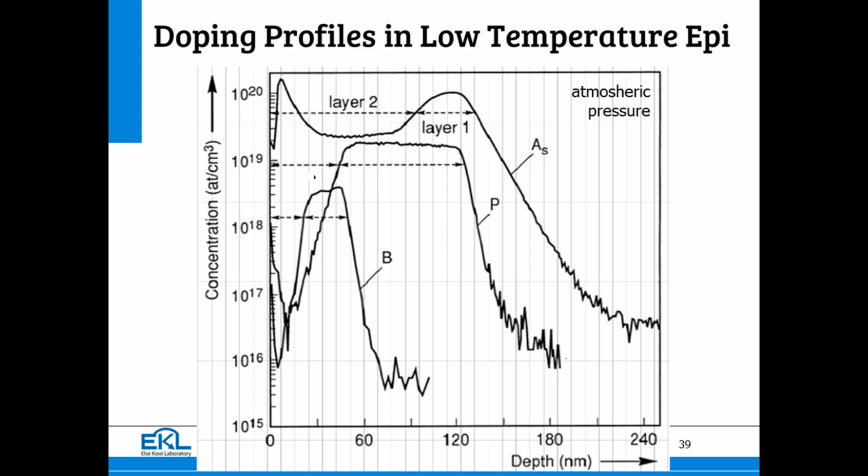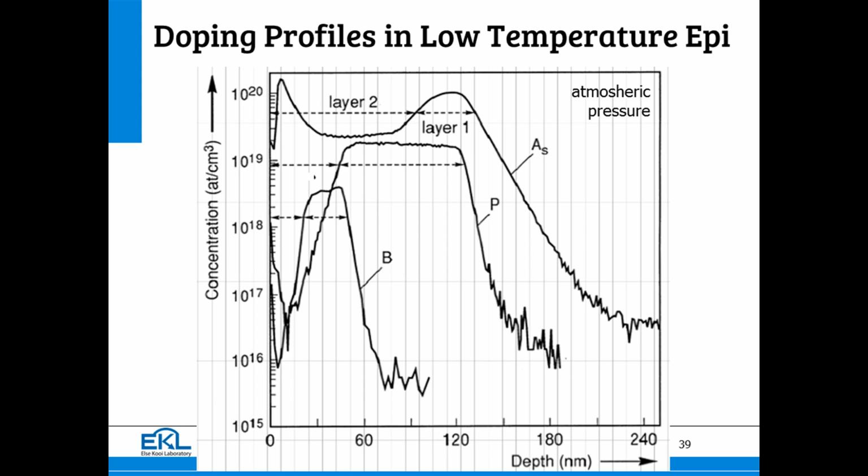I explained that already. There is an adsorbed layer, and when you stop adding arsine to the gas flow, the layer still is doped from the adsorbed layer and comes down very, very slowly. When you cut off the growth here, there is still a pile of arsine on top. So arsenic cannot be controlled in a low temperature mode.